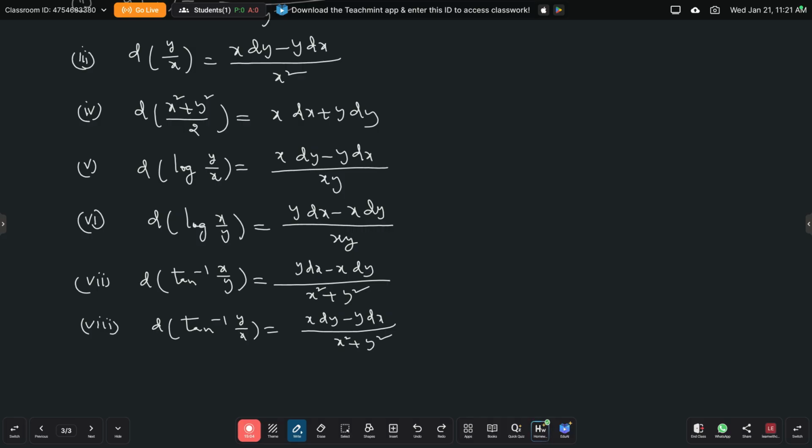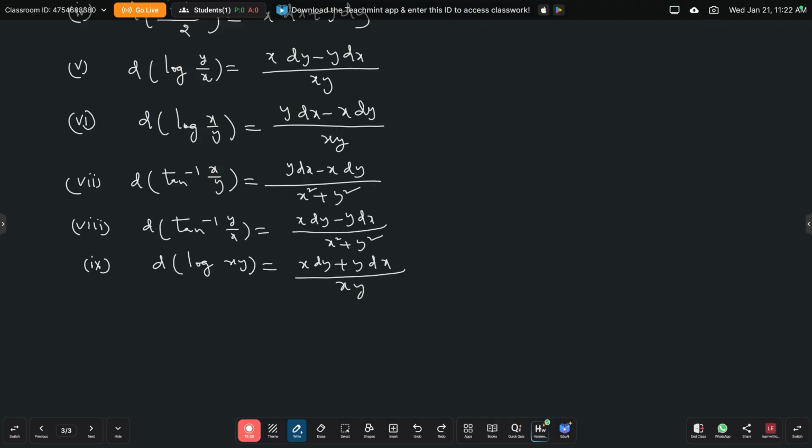Then we will take one or two more, because it is an extensive list. Log xy, for example, xy already you have written, x dy plus y dx by xy. Then like this we have d of e power x by y, for example.